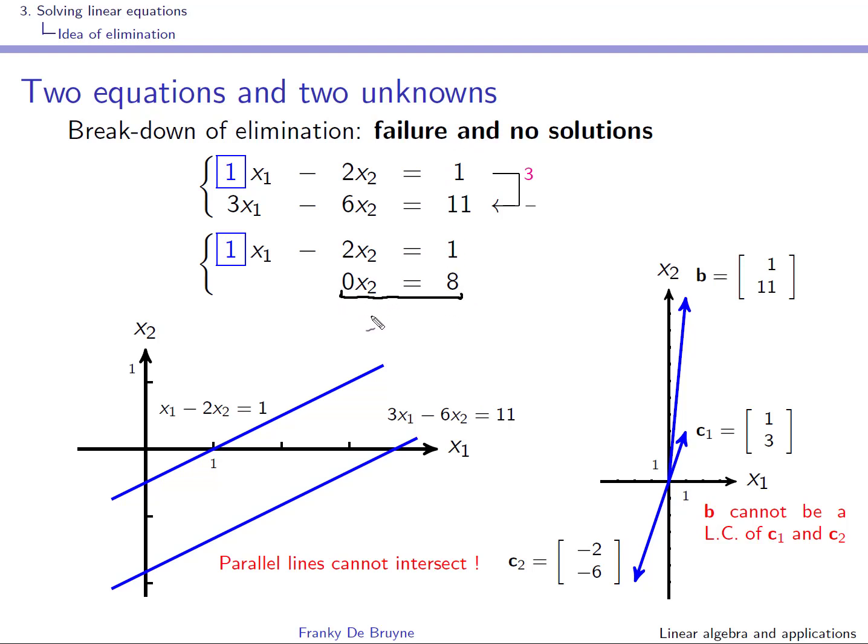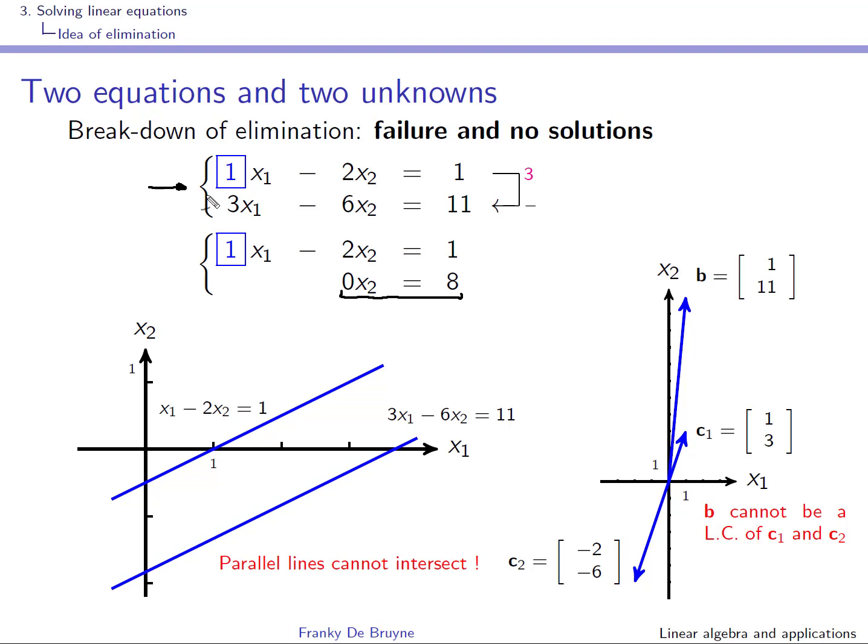So it's very obvious from this new equation, 0 times x2 is equal to 8, that there will be no solution. So there are 2 interpretations: a geometrical type interpretation and an algebraic type interpretation. Let's start from the system that is shown over here, and let's use the geometrical interpretation.